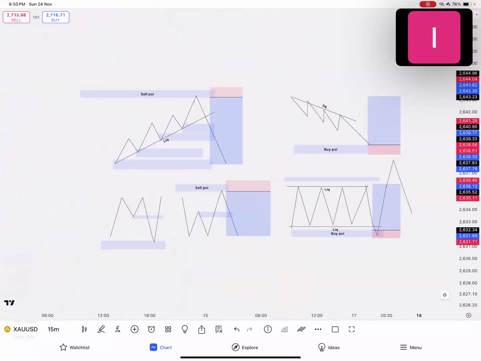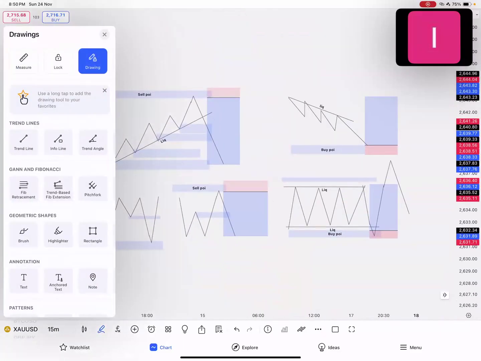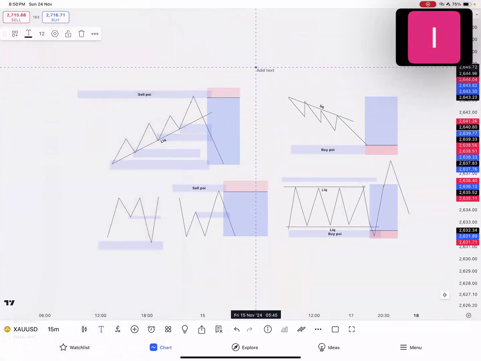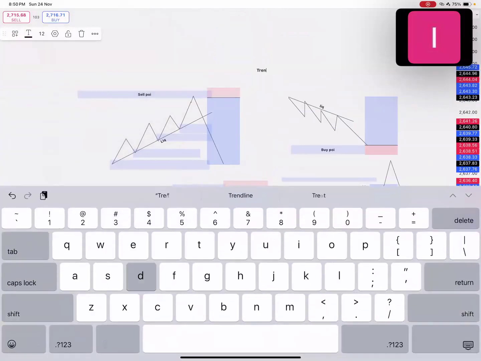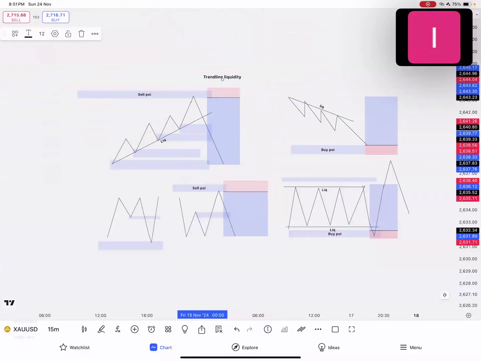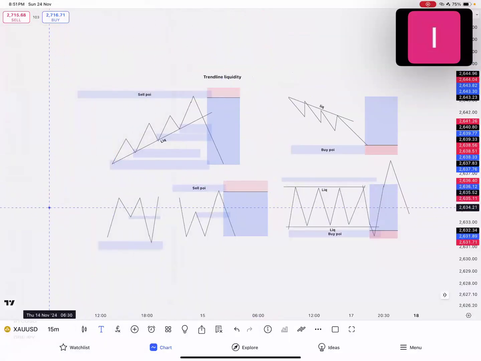So this is it, the trend line liquidity. The equal highs and equal lows liquidity.